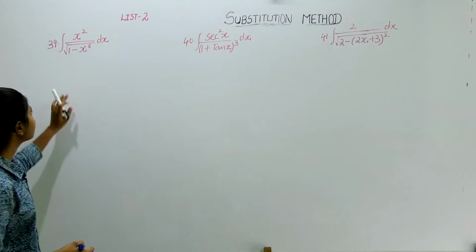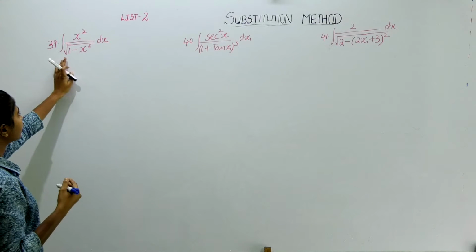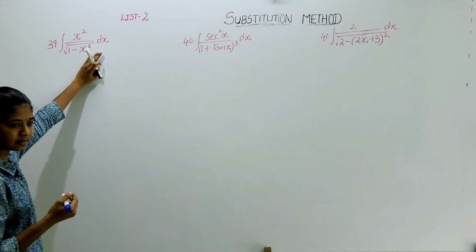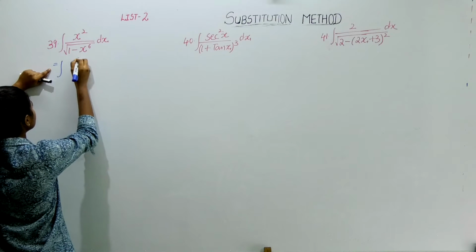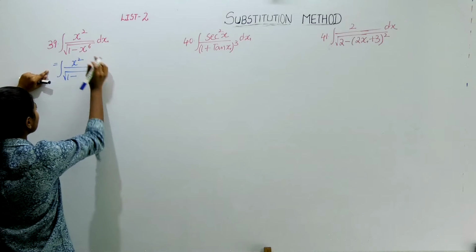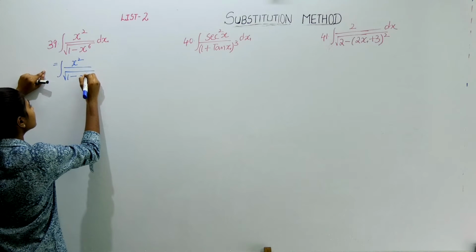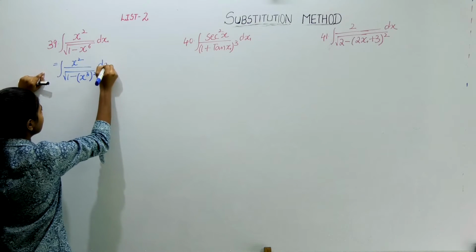Next one, the 39th question. It is given as integral x square by square root of 1 minus x power 6 dx. In the first step, let me write x square as it is, and in the denominator 1 minus, in the place of x power 6 I substitute x cube whole square, dx.